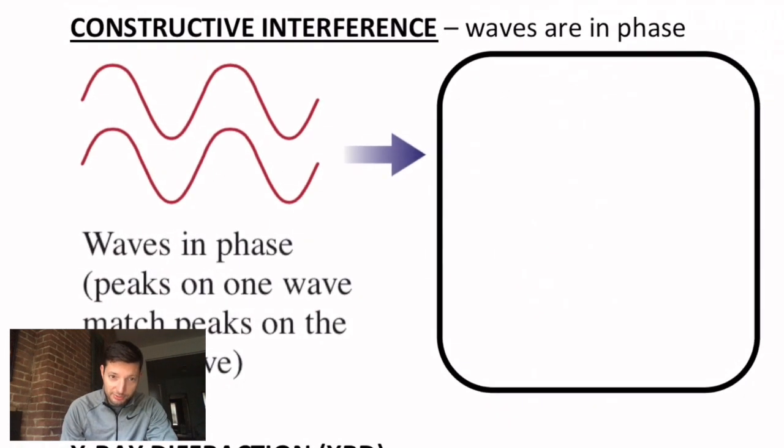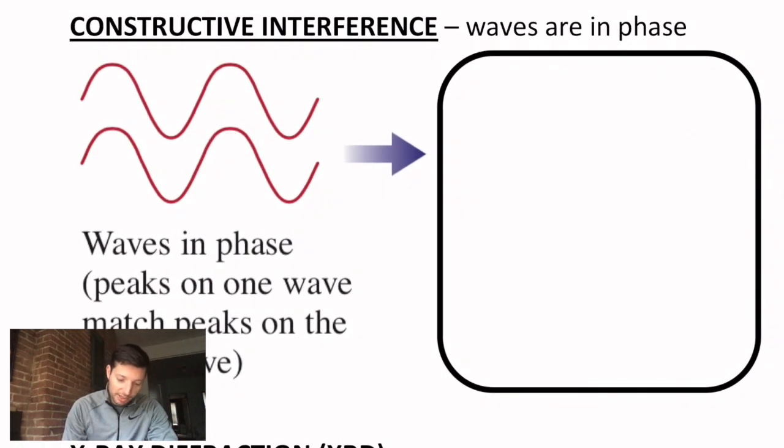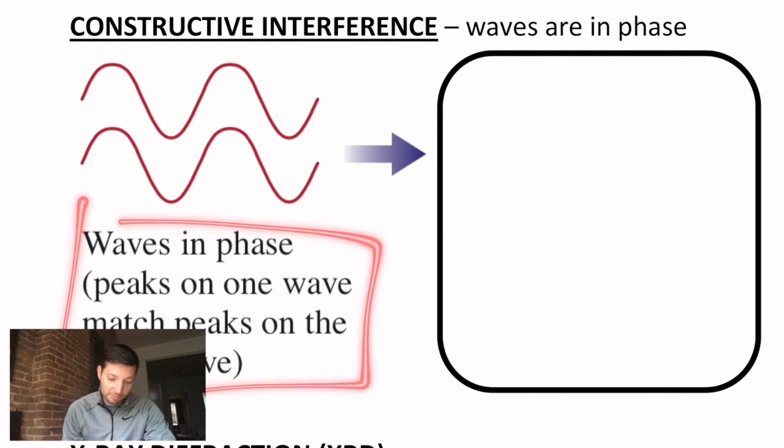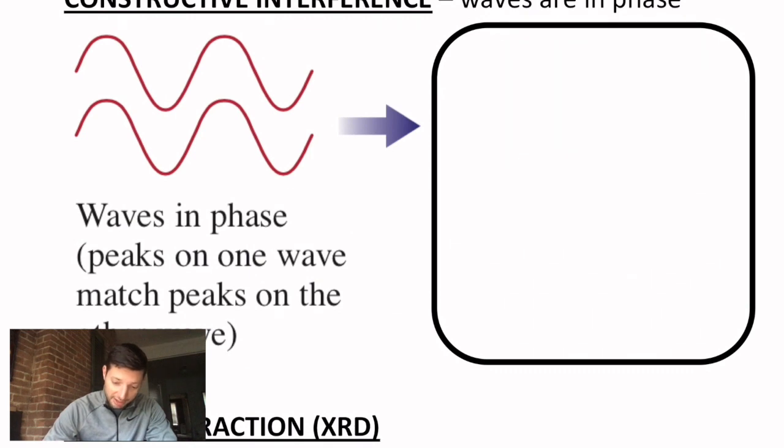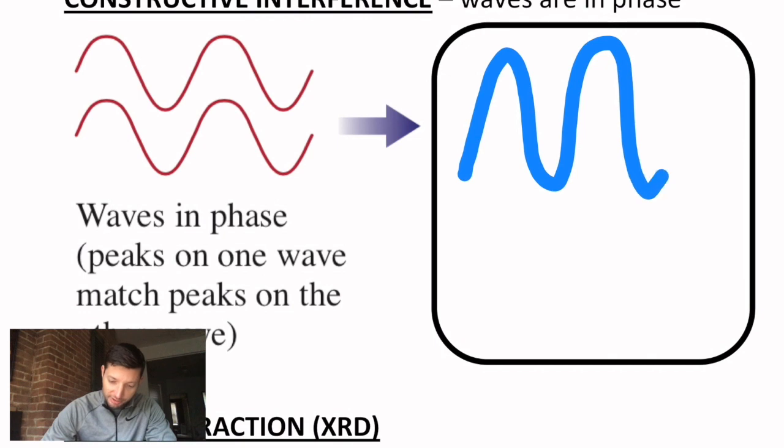There's constructive interference. That's when you have waves that are in phase, and the peaks on one wave perfectly match with the other. They're perfectly in phase. And what you get is a constructive interference. They actually add together. So I'm going to simulate that with a wave that simply has a much larger amplitude. In fact, that's the point.